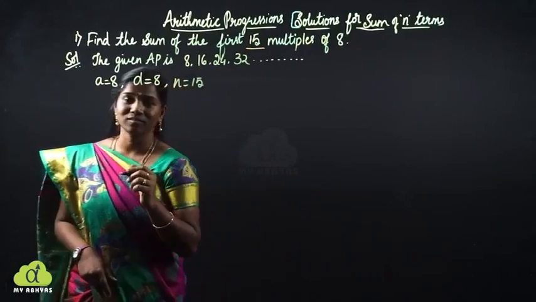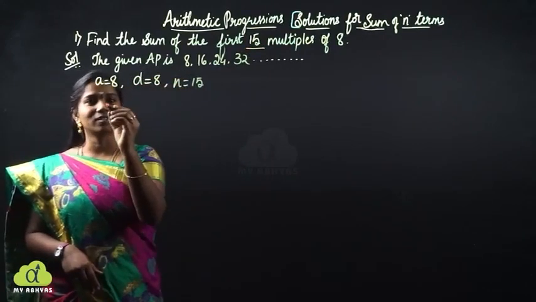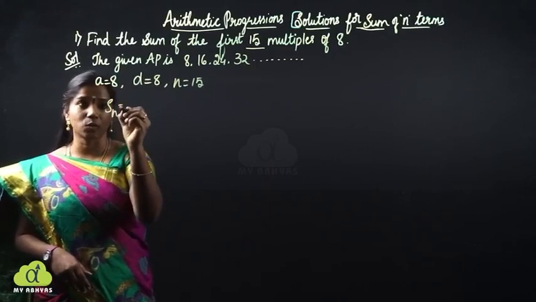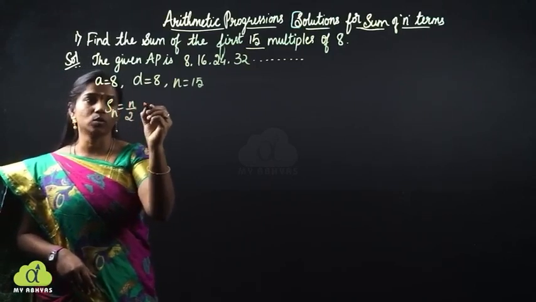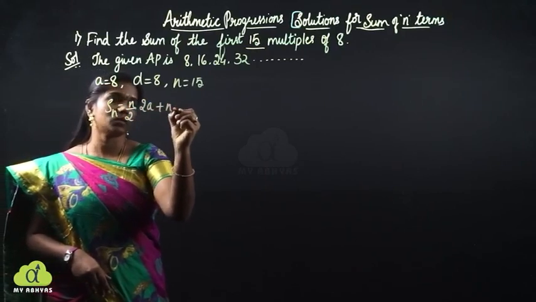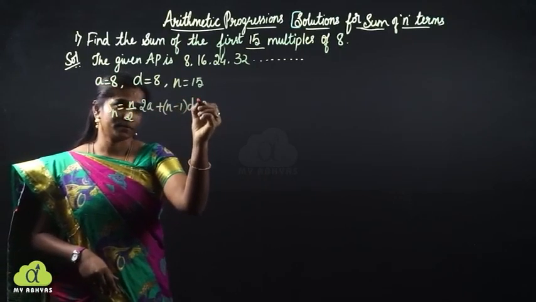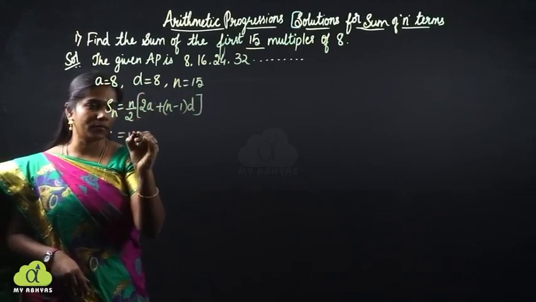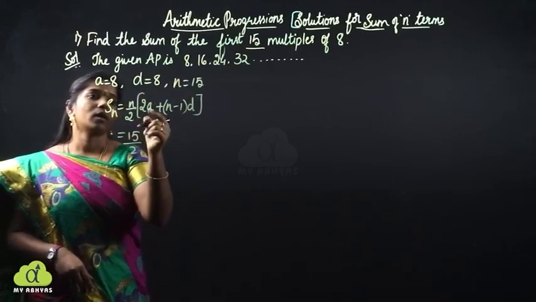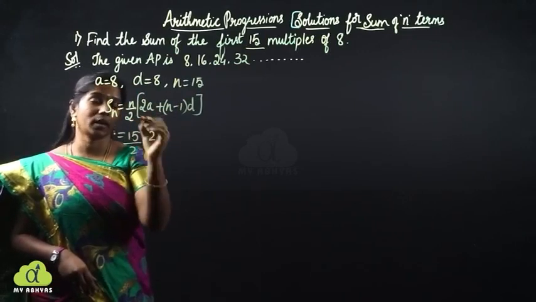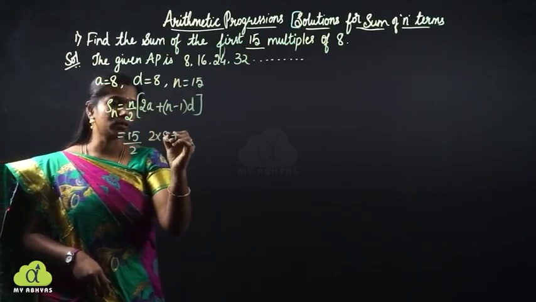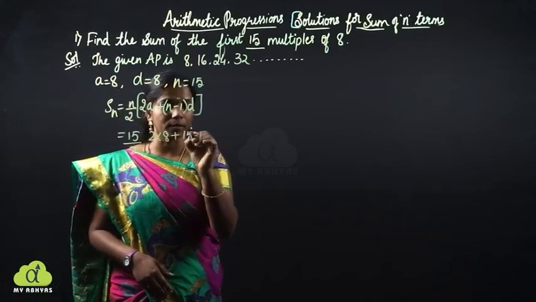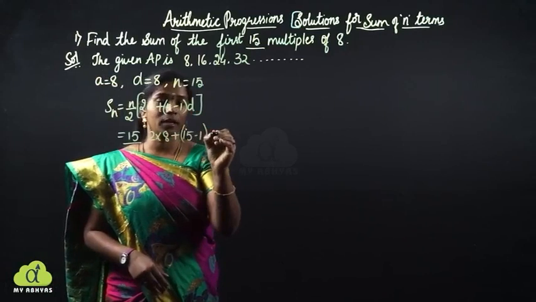Now apply the formula, recollect it fast. Check your formula card. It is Sn is equal to n divided by 2 into 2a plus n minus 1 into d. Clear? So n value is 15, divided by 2, and 2a, 2 into a value is 8, plus n minus 1, so it is 15 minus 1, into d is 8.